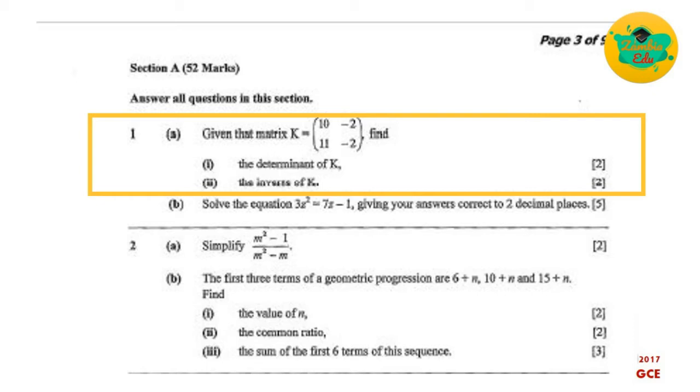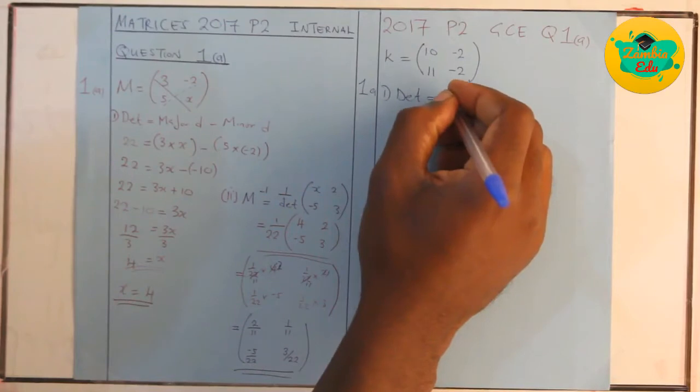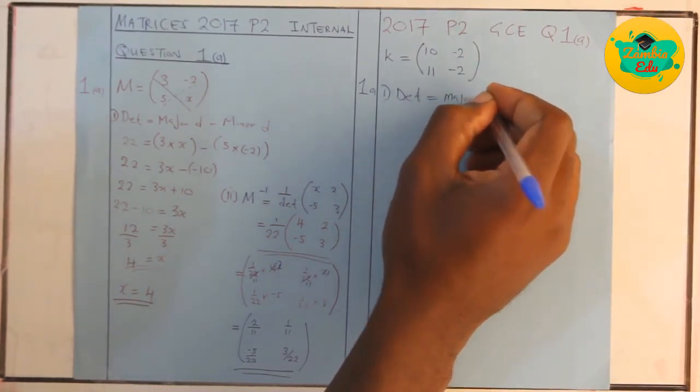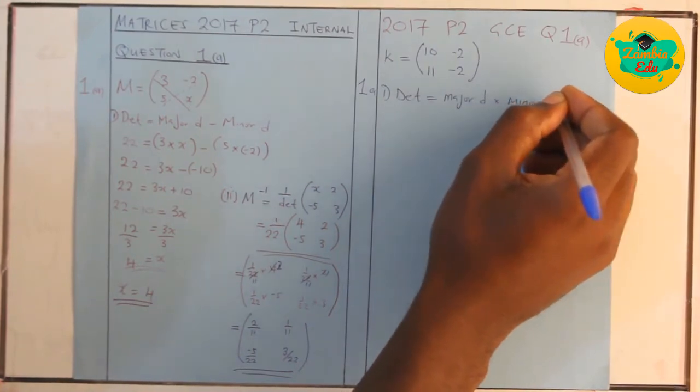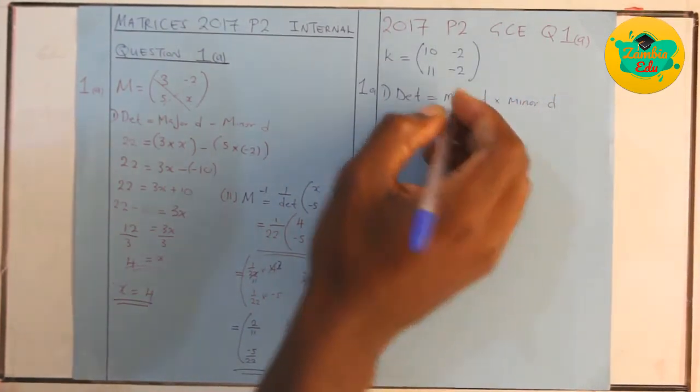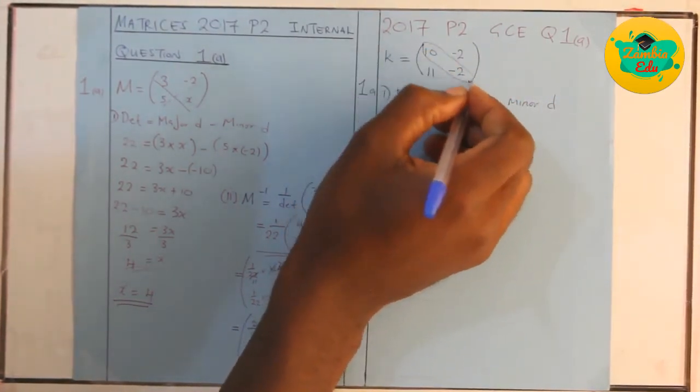So we're looking at 1A, then part 1. Finding the determinant, we know that determinant is equal to major diagonal minus the minor diagonal, which is going to be equal to, so that's our major diagonal there.